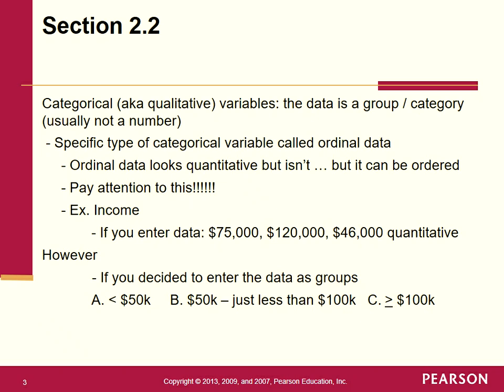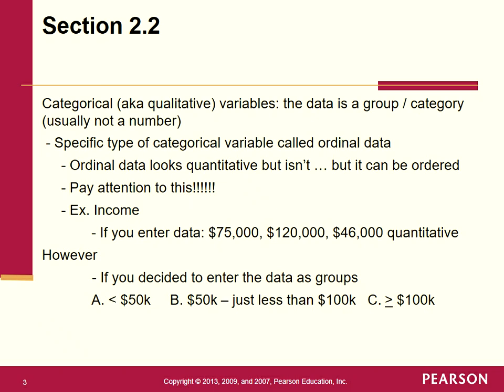Now it has groups to it: Group A, Group B, Group C. There are no more numbers to it. Or even if you said Group 1, Group 2, Group 3, it doesn't matter that you gave it a number. There's still no scale to it, because the individual people are just located somewhere in the less than $50,000 range, or the second person might be in Group B or Group 2.